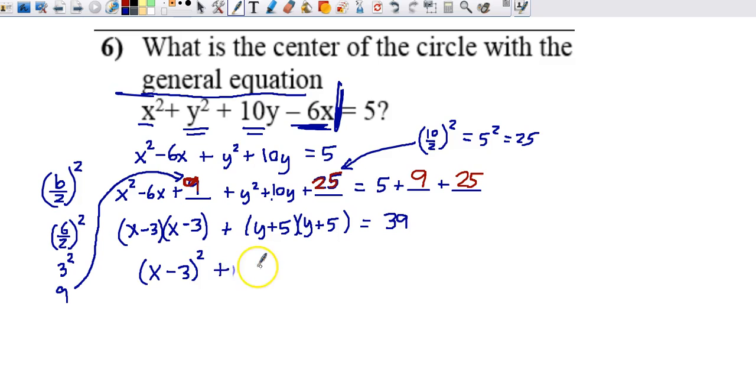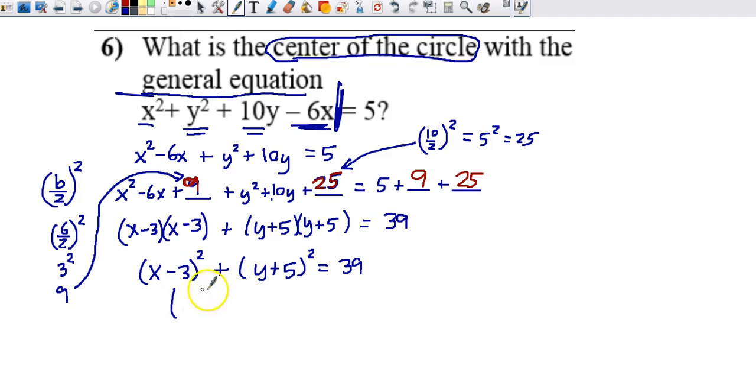So it'll be x minus 3 squared, and this is y plus 5 squared, equals 39, of course. And the question wants to know the center of the circle. Well, the center of the circle comes from here. It's the opposites. So the center is going to be 3, negative 5.